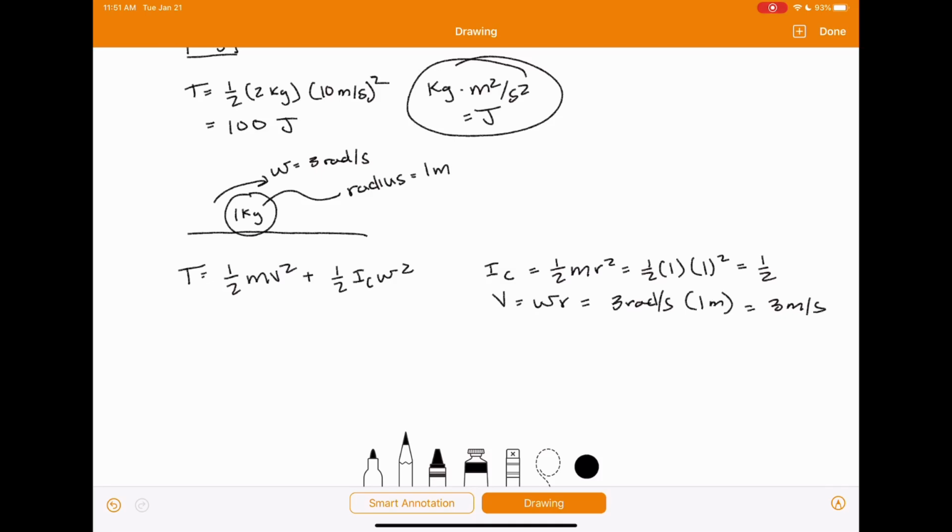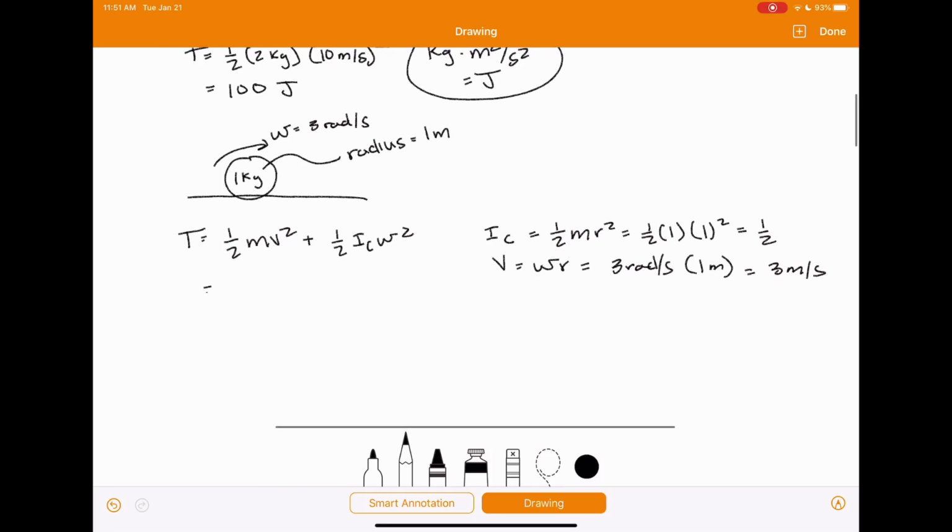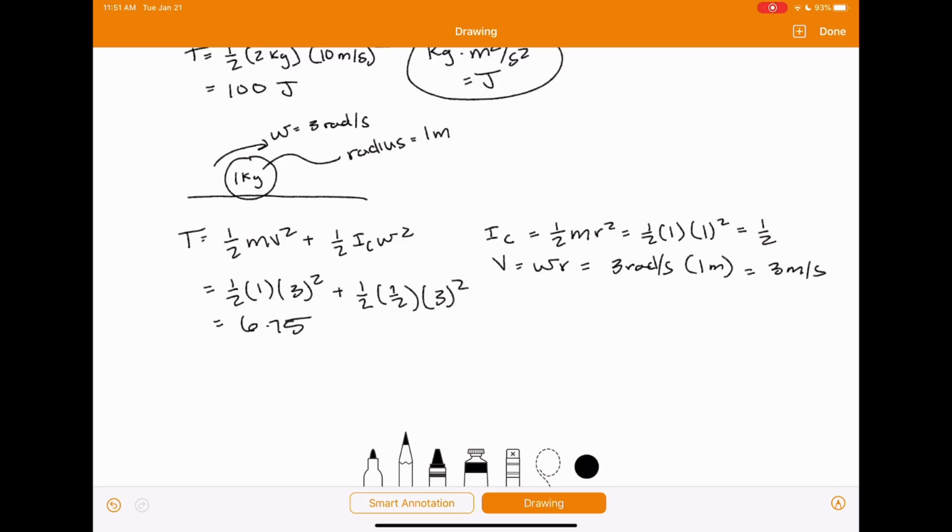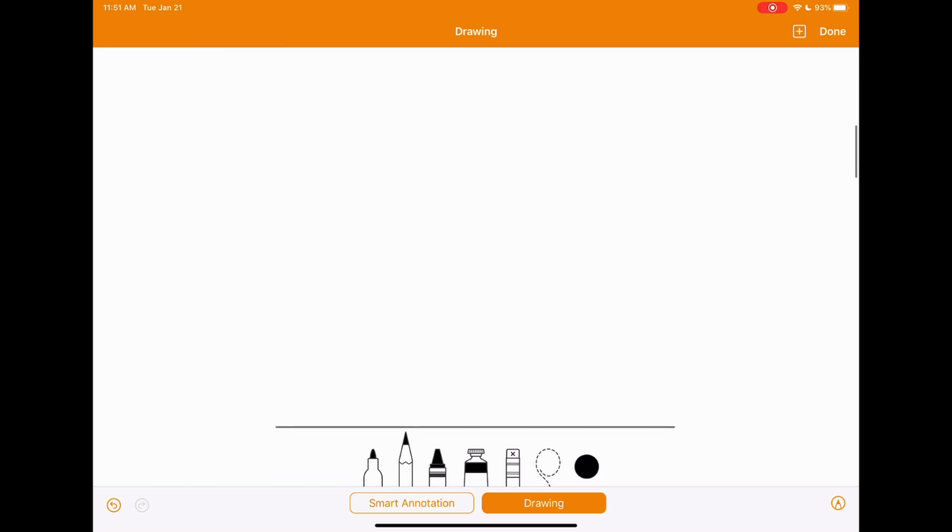All right, and then you can just go ahead and plug and chug. So we're going to get 1/2 times 1 times 3 squared plus 1/2 times 1/2 times 3 squared. You plug that all into a calculator, you're going to get 6.75 joules. All right, so go ahead and try a couple of these on your own.